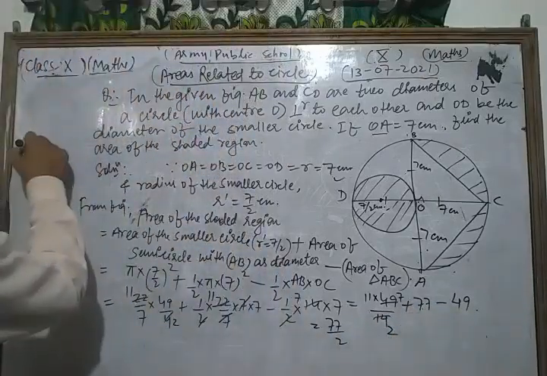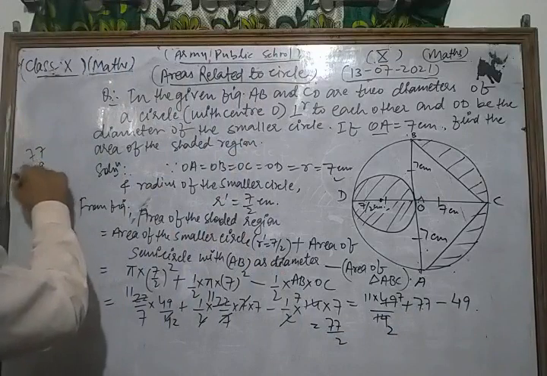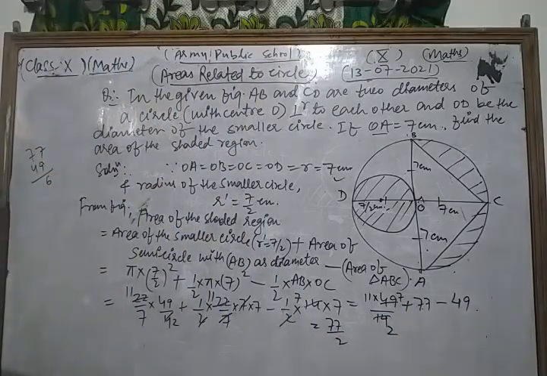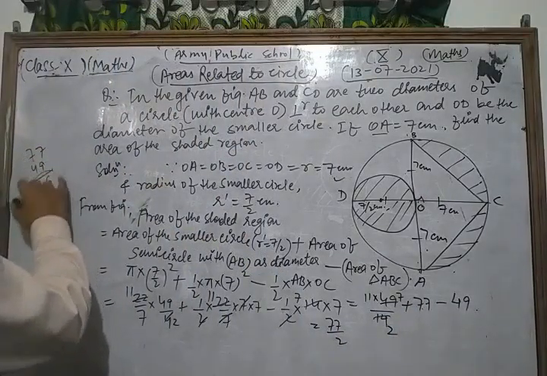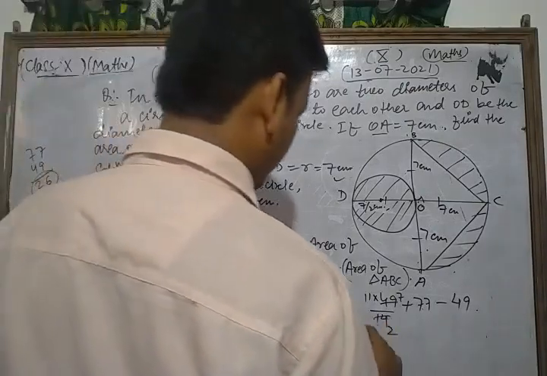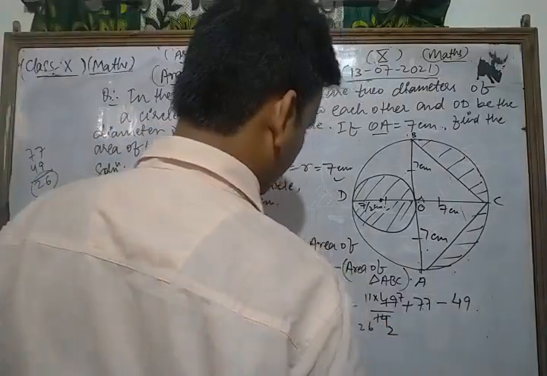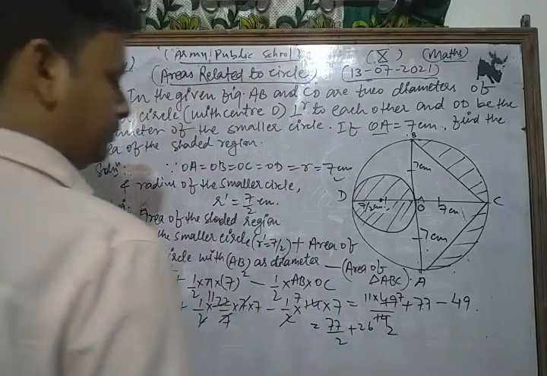Let's see, 49, 6, 26. Minus 12 plus 26 is left here. Now we simplify them.